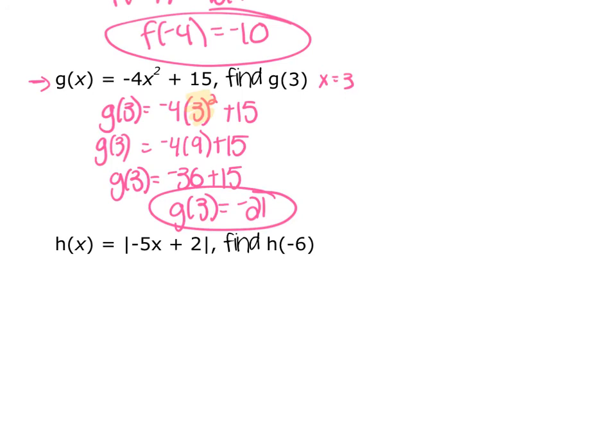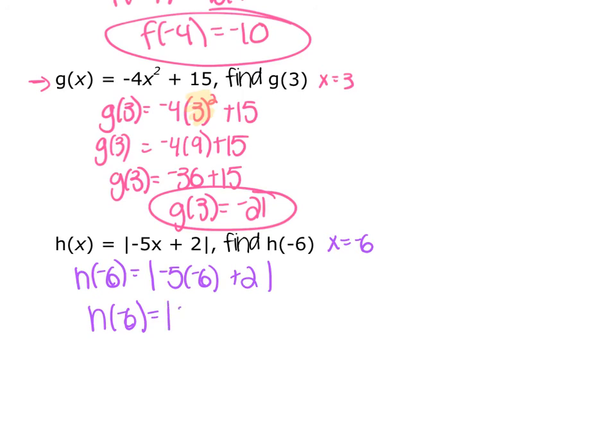All right, I'm trying to find h of negative 6. That means I'm substituting in x equals negative 6. So h of negative 6 is the absolute value of negative 5 times negative 6 plus 2. The first thing, I look inside that absolute value symbol, and the first thing inside is to multiply.